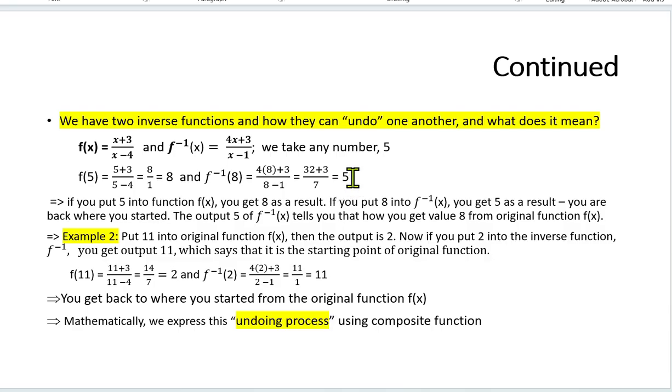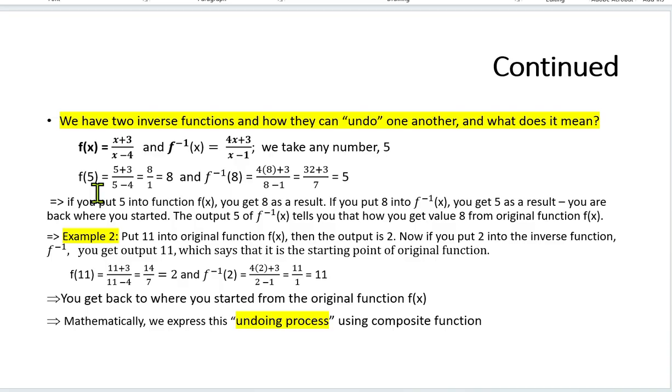So we see here 5, the number originally plugged into the original function. We get 8 by plugging 5 into the original function, and we are back to the starting point.